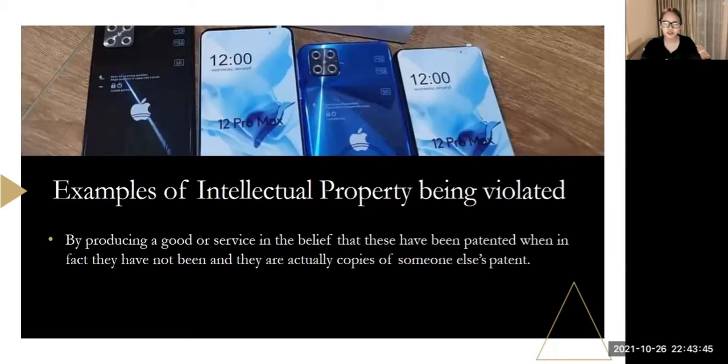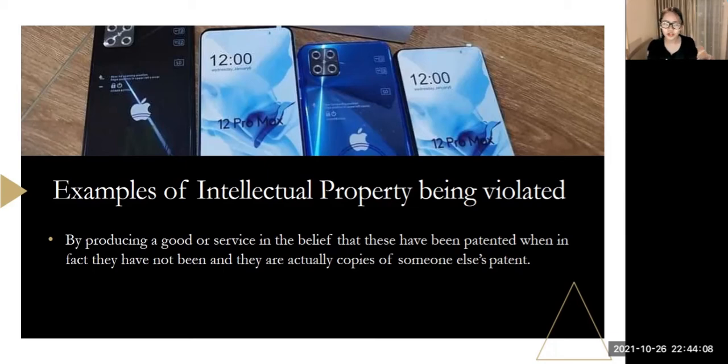And lastly, by producing a good or service in the belief that these have been patented when in fact they have not been and they are actually copies of someone else's patent. So, ito, tulad sa example ng picture, maraming mga premium copies na cellphones, which is makikita kadalasan sa mga marketplace, lalo sa Facebook, makikita.